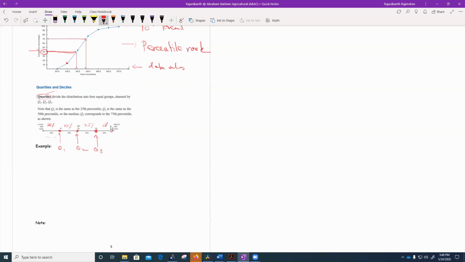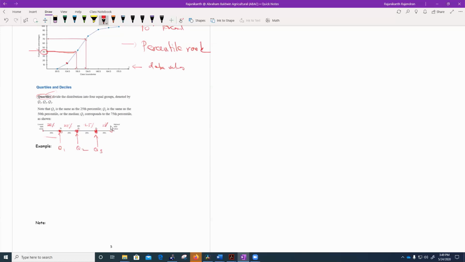Each piece will consist of 25 percent. That means the first point here is my first quartile, the next is my second, and the third is my third.